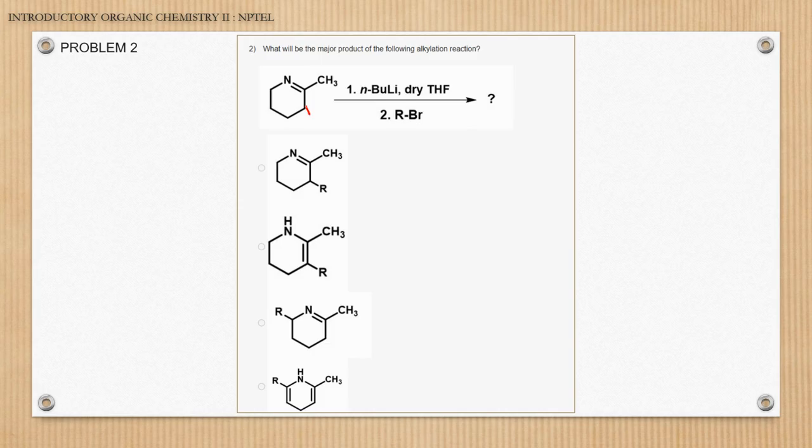So here, what is happening, guys? See, we have two acidic protons. So we will discuss one by one the first and second step. In the first step, they have added butyl lithium. Butyl lithium being a base, it will abstract the acidic proton, right? So the acidic protons have two possibilities. Here also you have the acidic protons, and here also you have an acidic proton, right?